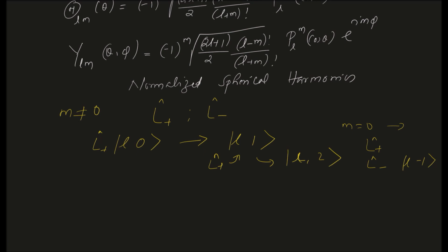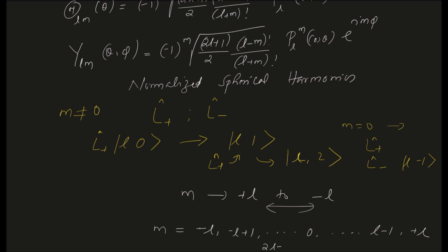So the maximum value that m can take is limited by the value of L. So m can vary from plus L to minus L, including the 0 state. So m can have only the integer values within this limit. So the values of m are ultimately limited as m can have values from minus L, minus L plus 1, etc., 0, etc., L minus 1, up to plus L.